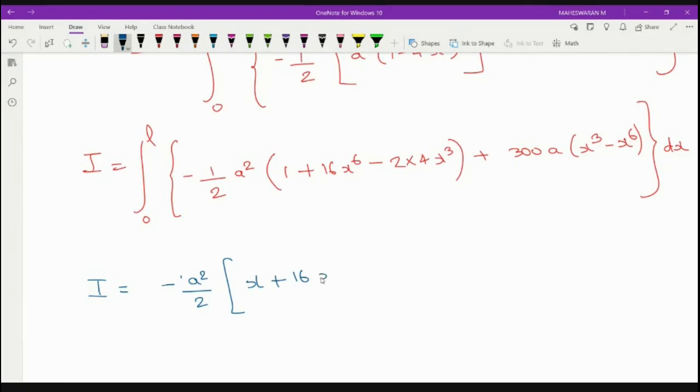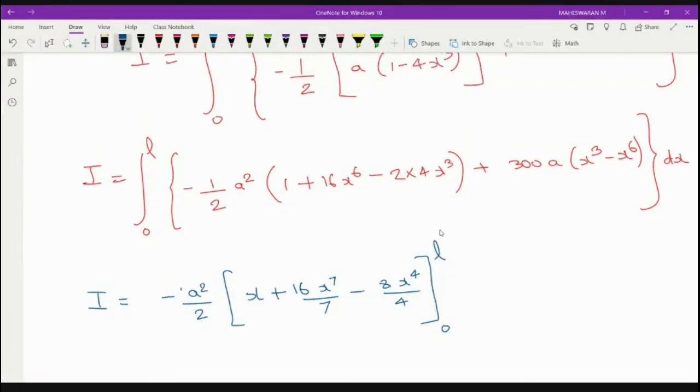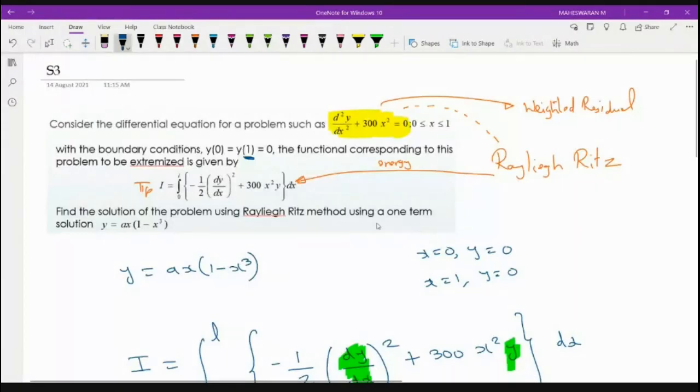Integrating, I will get x power 7 by 7 minus 4 2s are 8 x power 4 by 4. The limit is 0 to 1, or L, sorry, I got confused. Actually, it is 0 to 1, right? Because my limit is 0 to 1.